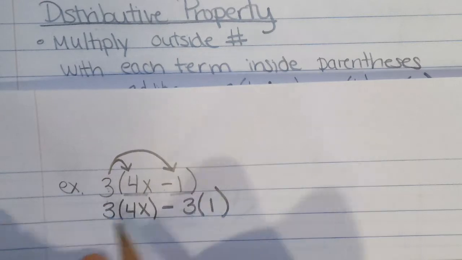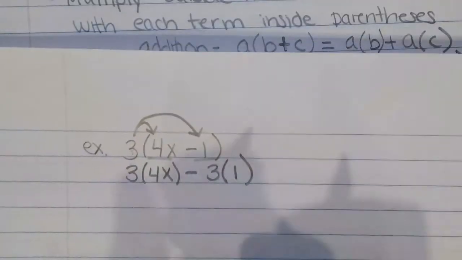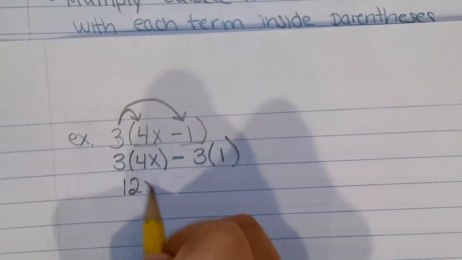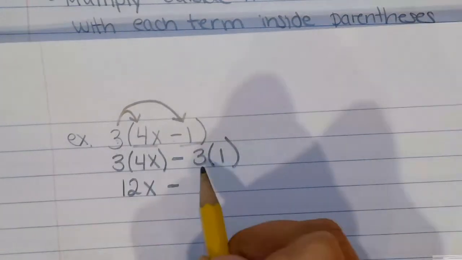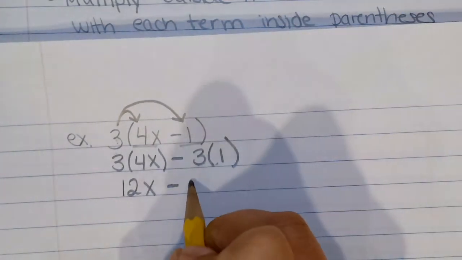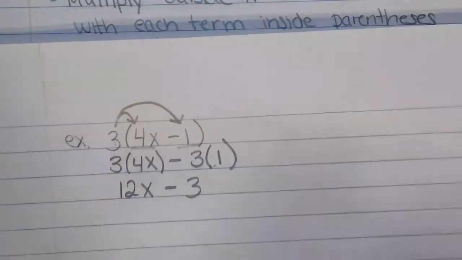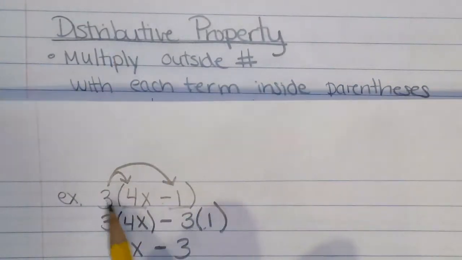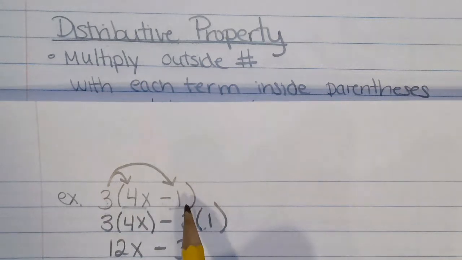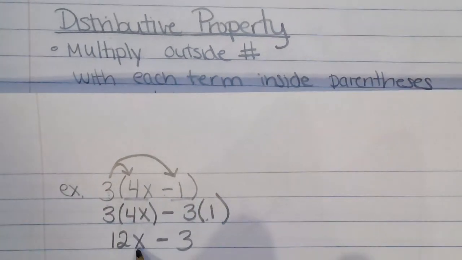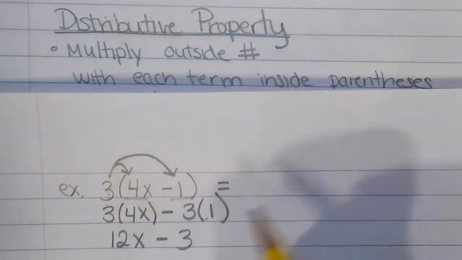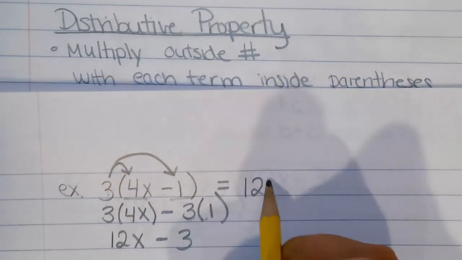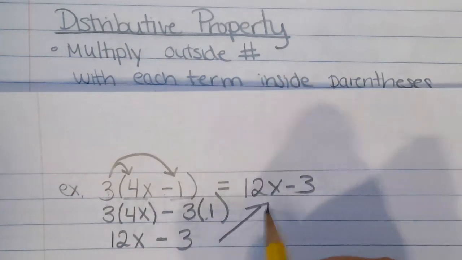When I multiply, 3 times 4 is 12, and I have x. I have my minus sign, and 3 times 1 is 3. So 12x minus 3. By distributing the 3 to each term, I have made an equivalent expression. So 3 times (4x minus 1) is equivalent to 12x minus 3.